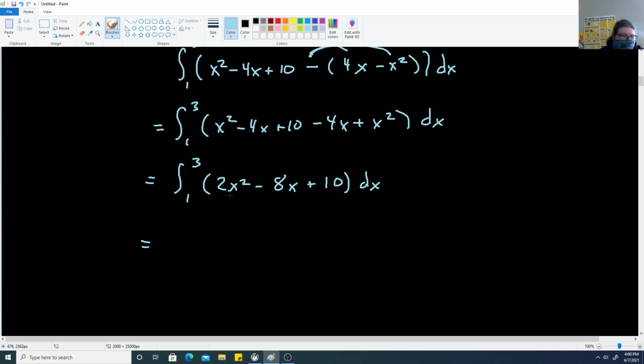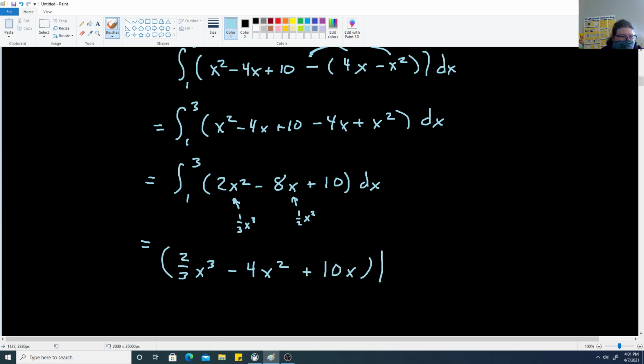So x squared, when I integrate it, goes to 1/3 x cubed. So I have 1/3 x cubed times a 2 is a 2/3 x cubed. X by itself, when I integrate it, goes to 1/2 x squared. So I have negative 8 times a half, which is negative 4, times x squared. And 10, when we integrate it, we just put an x after it.